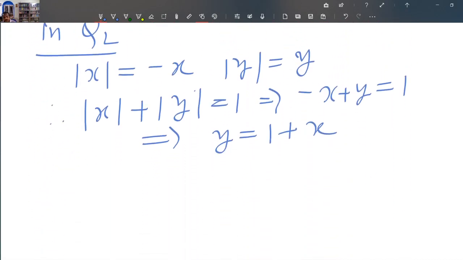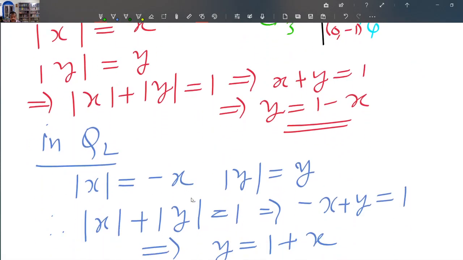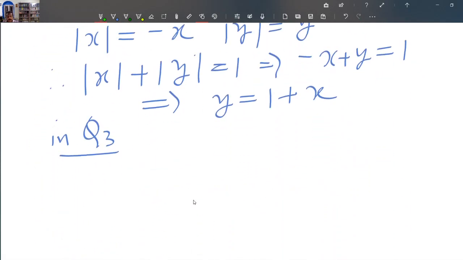And in Q3, you have modulus of x is minus x and modulus of y is minus y.